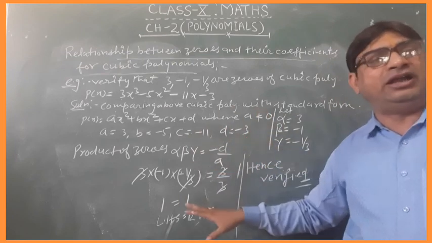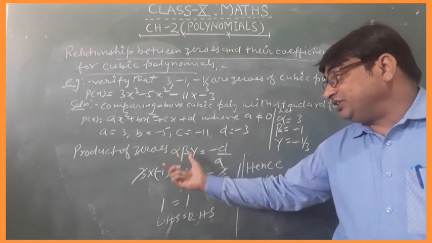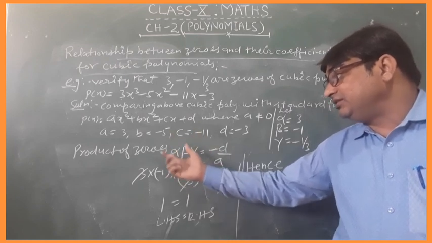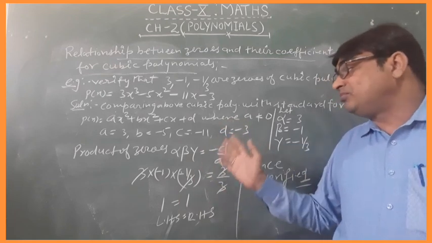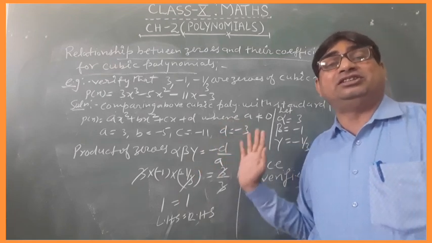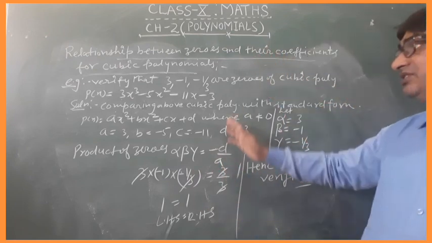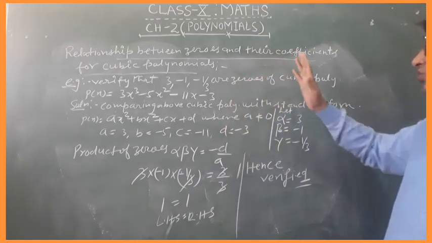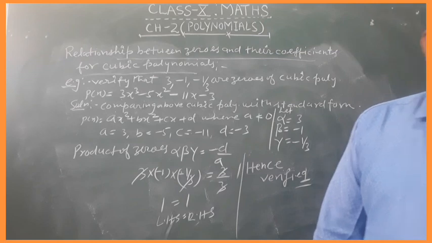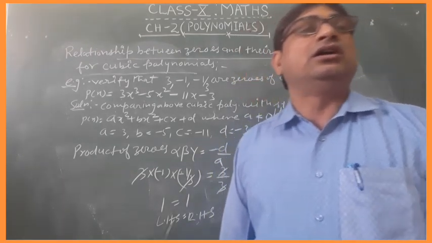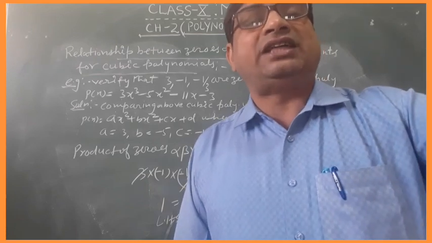Putting all values in the proved zeros relations, the sum of zeros, the sum of product of two zeros and the product of zeros, if LHS is equal to RHS, then you can say that this relation between zeros and their coefficients is verified. Student, next lecture we will discuss the graphical representation of the cubic polynomial. Thank you, student.